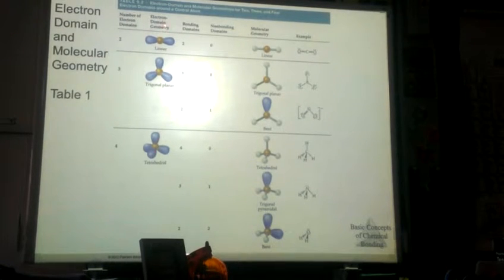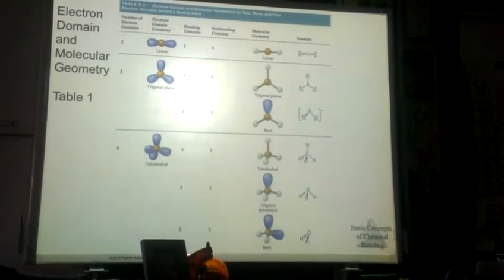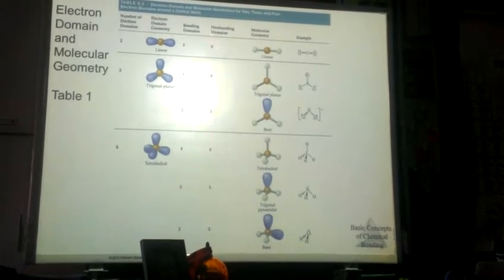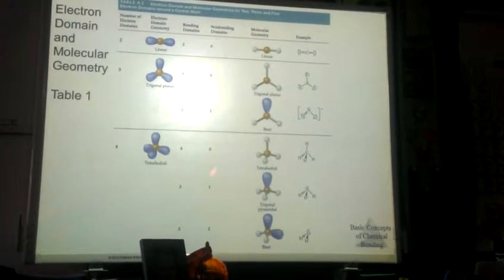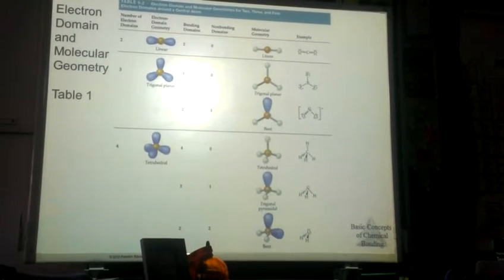Here's your electron domain geometry, and then here are all of the molecular geometry categories that are underneath those electron domain geometries, okay? If you would like a handout of this one too, I think the other one that I gave you does the exact same thing. I just think this is spelled out really nicely. If you want me to copy this too, I can copy that.